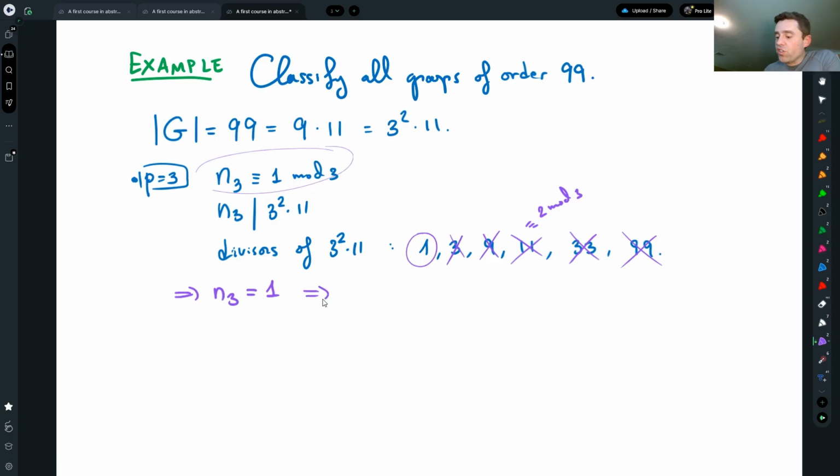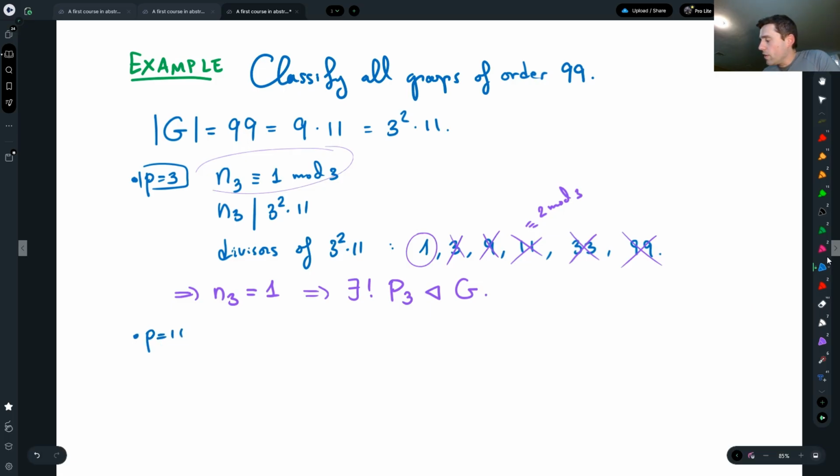And by my previous result, that means that there is a unique 3-Sylow, and it has to be normal in G because there is only 1. Great. So now what about the other prime divisor? By the way, this is a 3-Sylow, so I know that the size is 9.